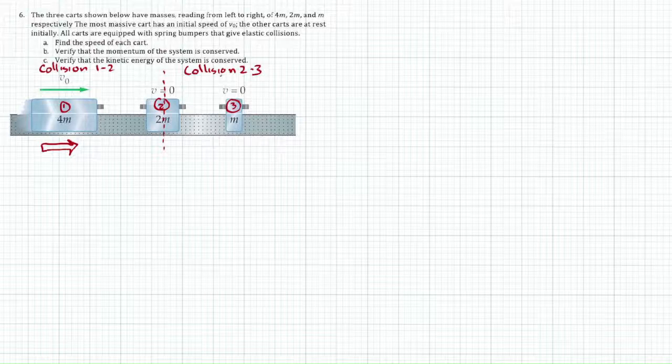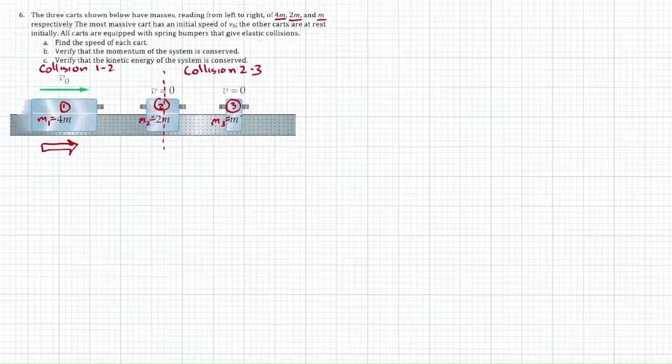Okay? So let's write down what we know. Again, we're not given any numbers here. We're simply given variables. We're told that the mass of cart 1 is 4m, mass of cart 2 is 2m, mass of cart 3 is simply m. So it's like saying m1 equals that, m2 equals that, and m3 equals that.